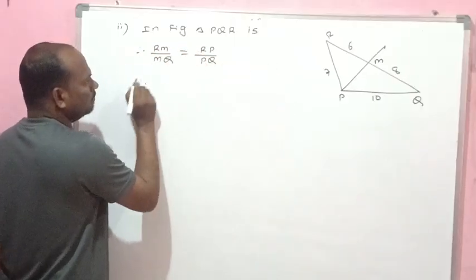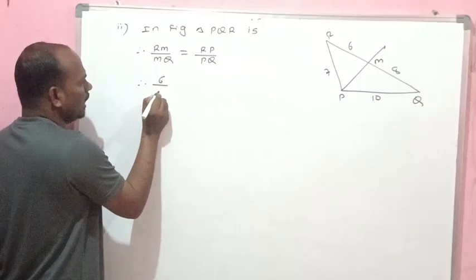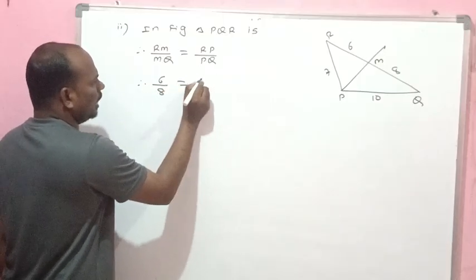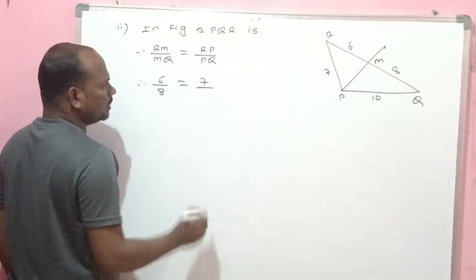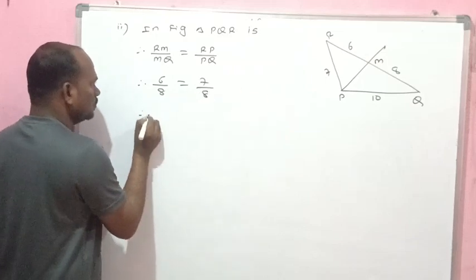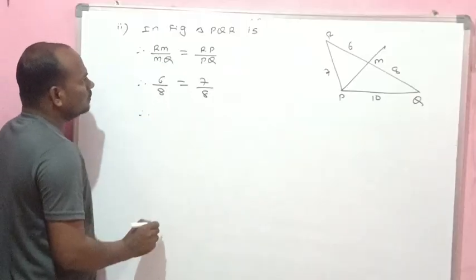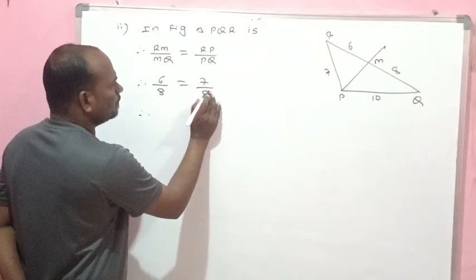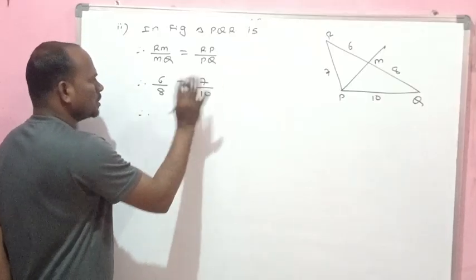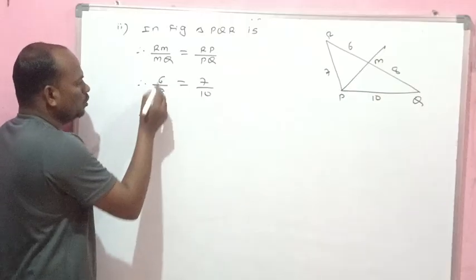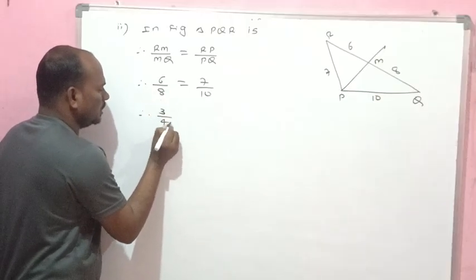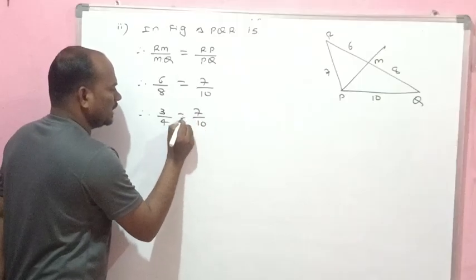Now the value of RM is 6 and MQ is 8, RP is 7 and PQ is 8. Now the both sides are not equal. Now we can divide, that is 3 by 4 equal to 7 by 10.